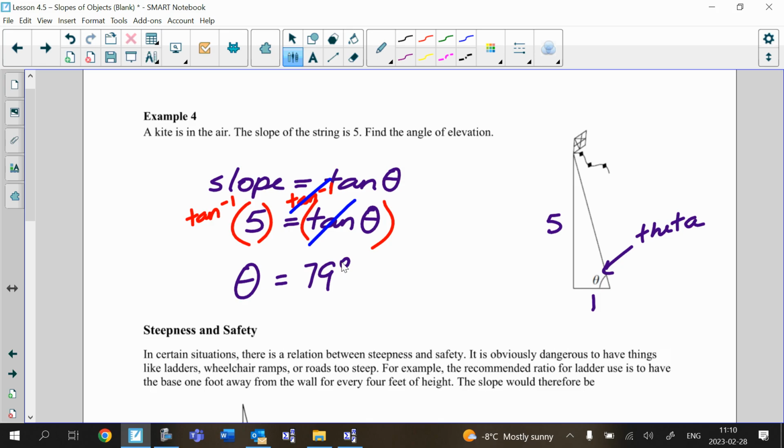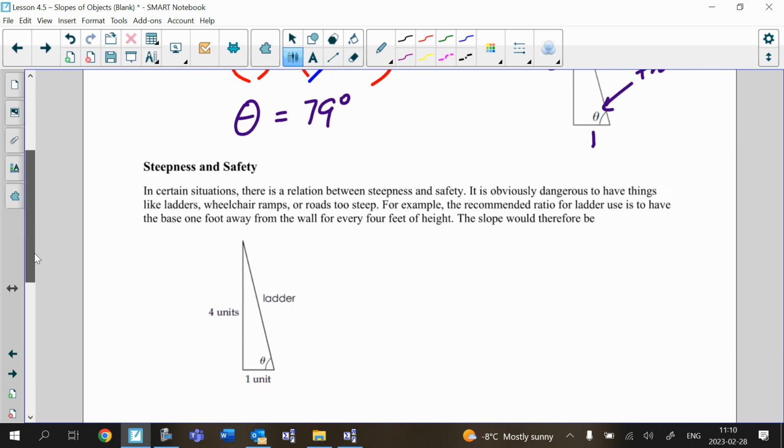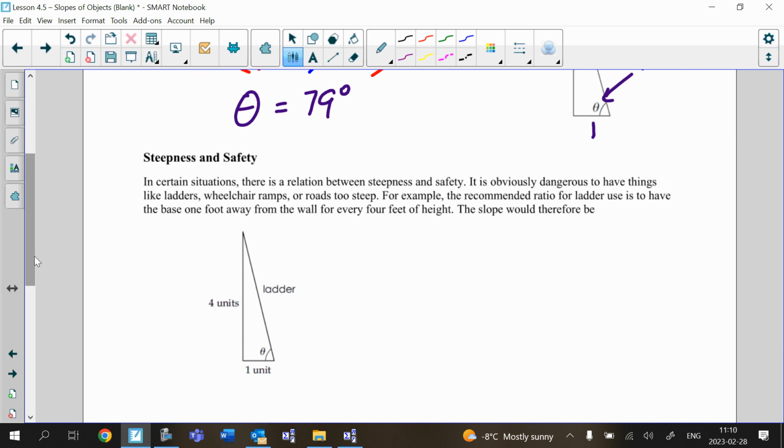Finally, with safety, we talked about the bylaw in Winnipeg for wheelchair ramps. There's also recommendations for how much you should lean a ladder that a lot of painting companies use.